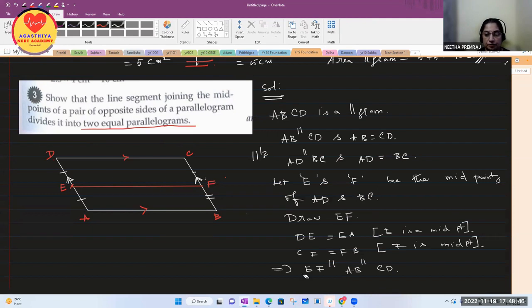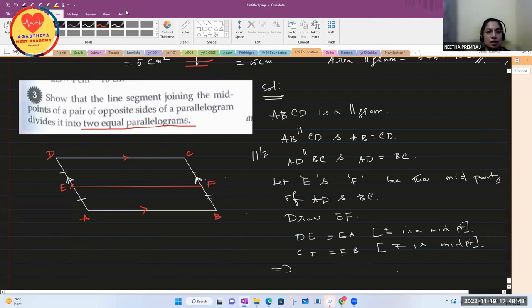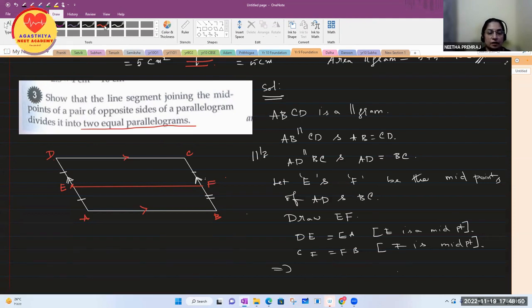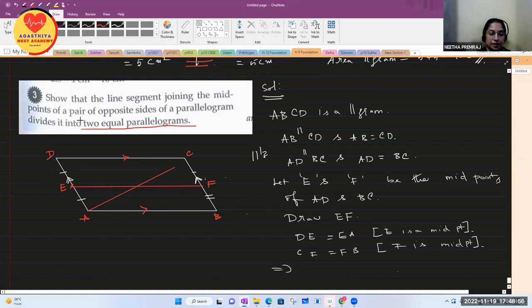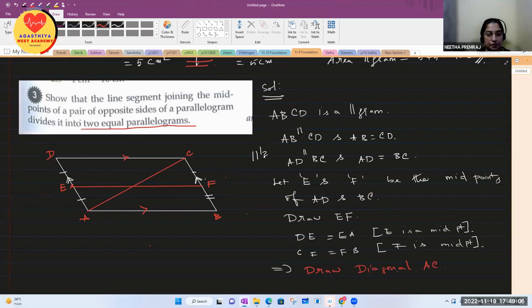You can draw one diagonal, any diagonal, either AC or whatever. Okay, I draw diagonal AC.